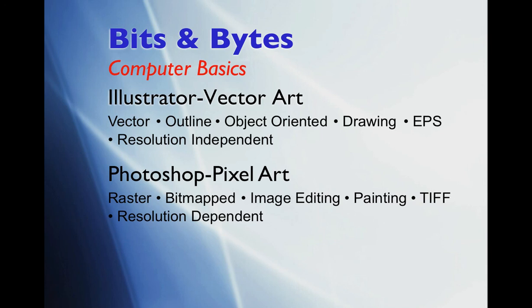And bitmapped instead of outlined, bitmapped because all images are mapped out on a grid, if you will, and each little pixel is a 0 or a 1 and is a bit of information. So it's bitmapped, and that's how we get there.